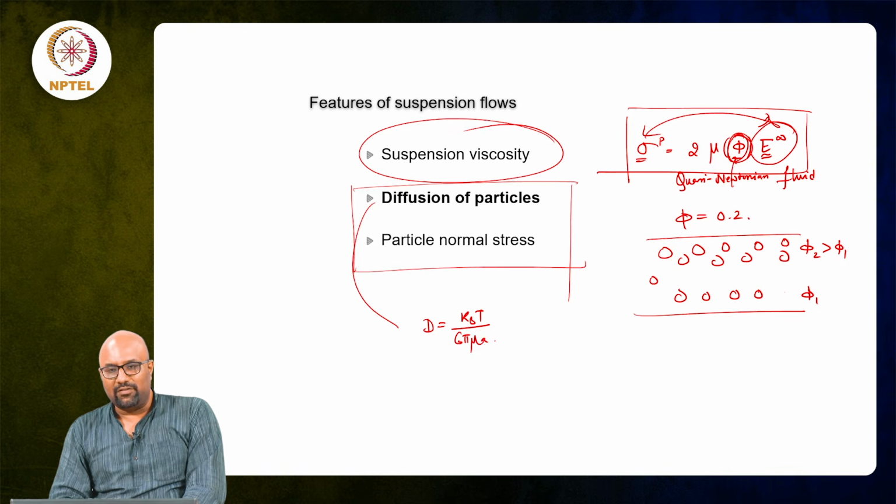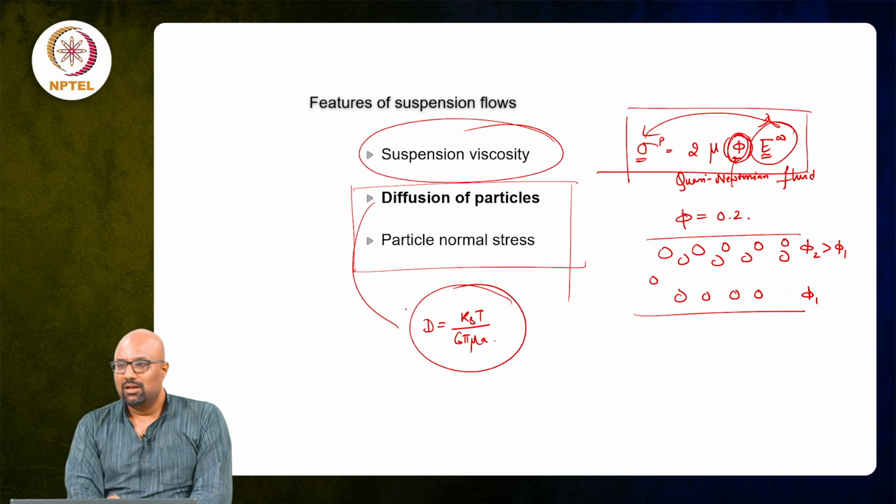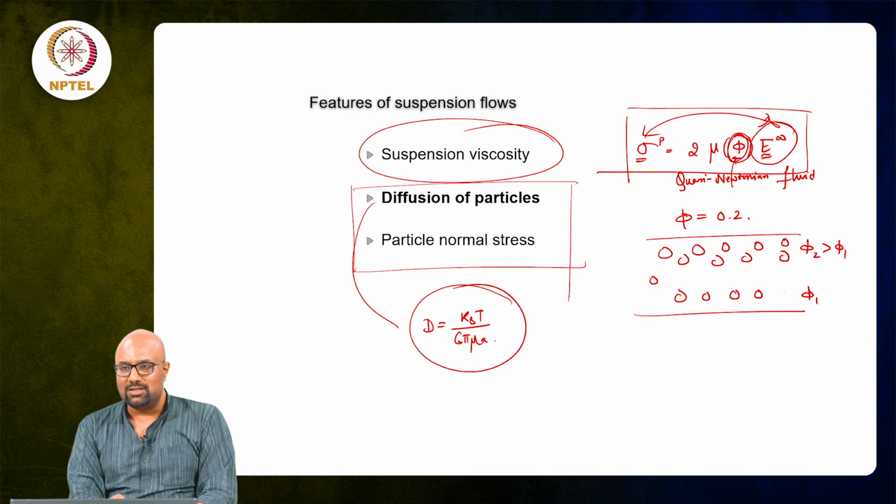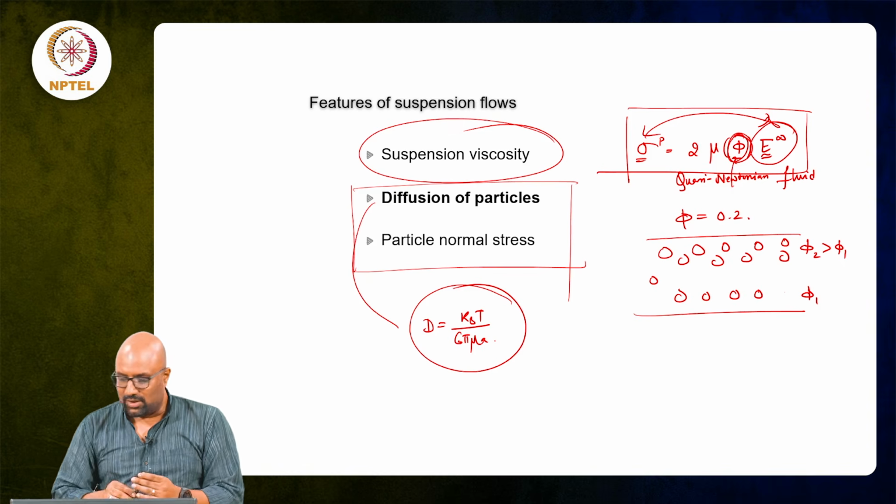So, the question that we are going to be interested in is whether this diffusivity is going to be capturing the disorderly motion of particles irrespective of whatever is the value of the Peclet number. Okay, good. So, I will stop here today.